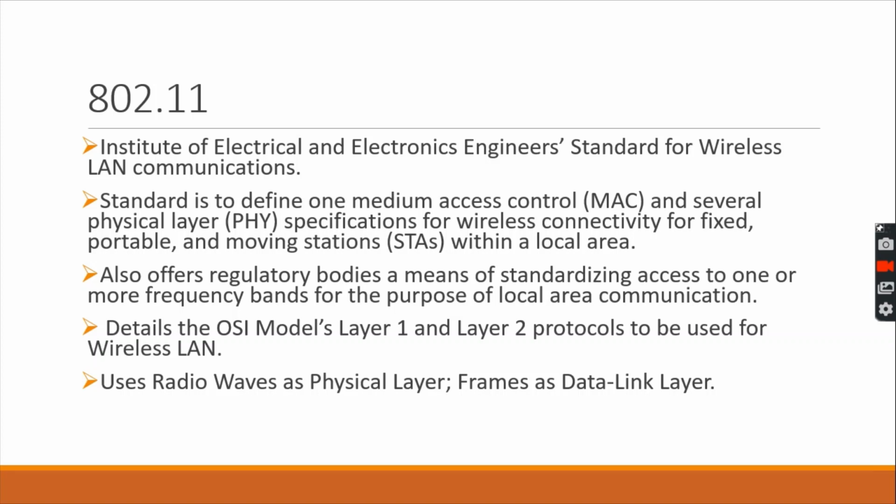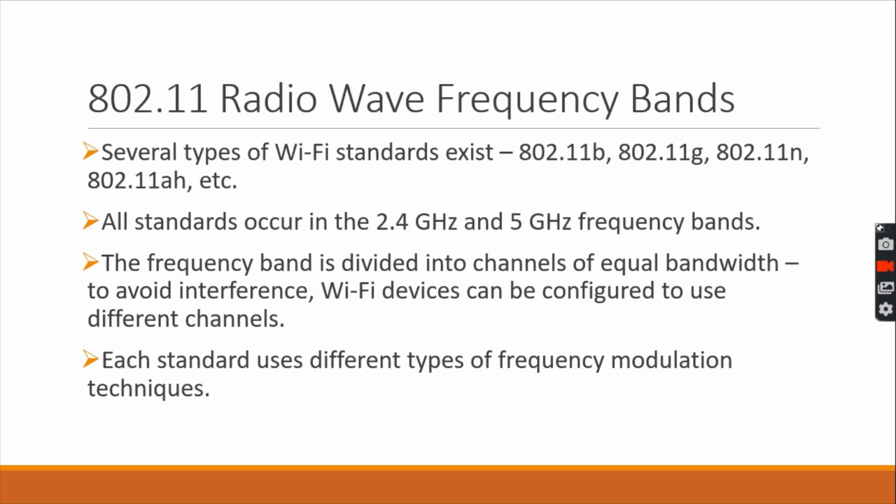Radio waves are used at the physical layer, whereas frames are used at the data link layer. There are several types of Wi-Fi standards that exist. A few examples are 802.11b, 802.11g, 802.11n, 802.11ah, and so on.